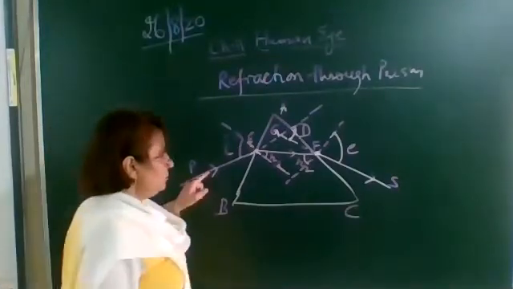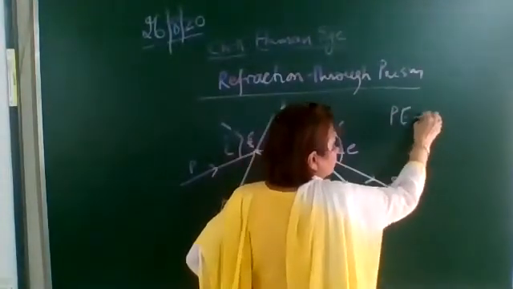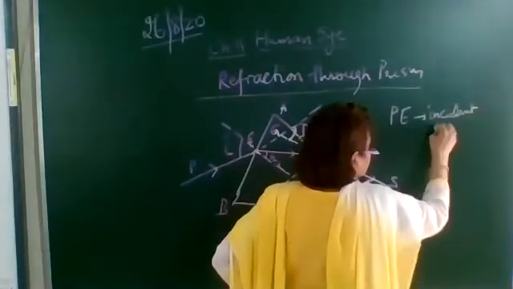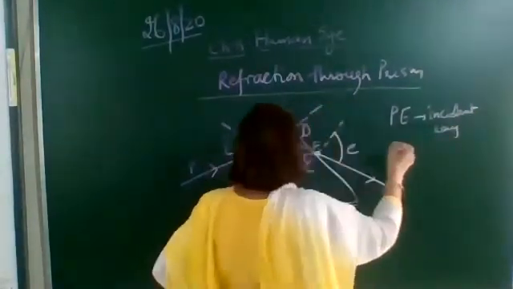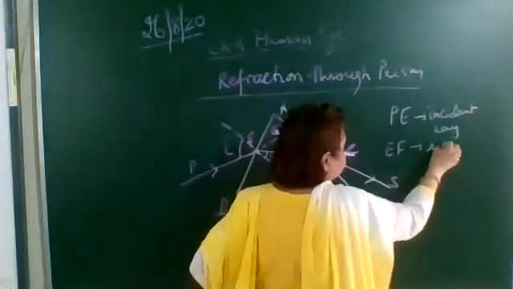Now write the rays. PE is the incident ray. EF is the refracted ray.